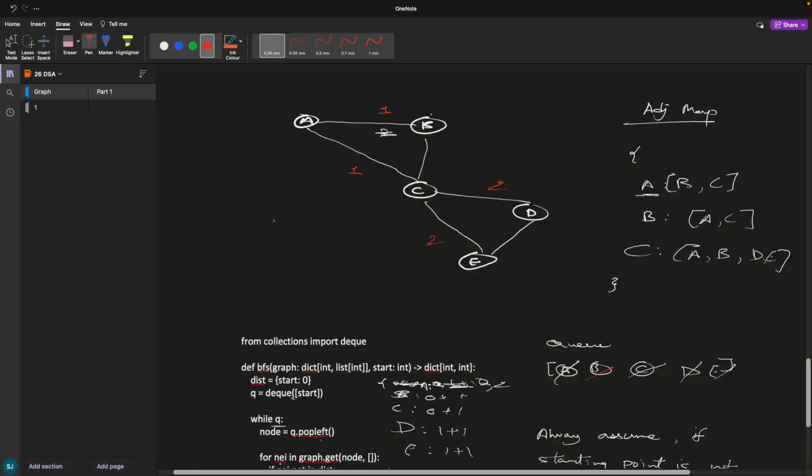Let me keep reminding you, shortest distance from some point to all the points. This is where BFS is useful. हो सकता है और जगह भी हो यूजफुल, ऐसा नहीं है कि this is the only thing by the way, obviously, right?